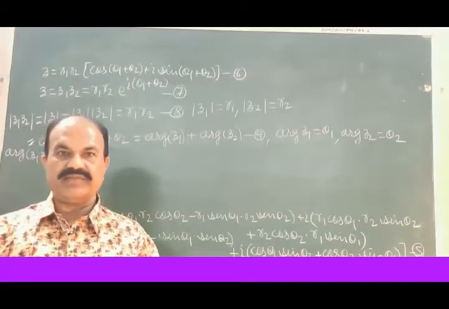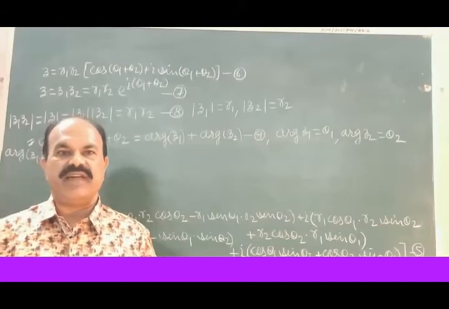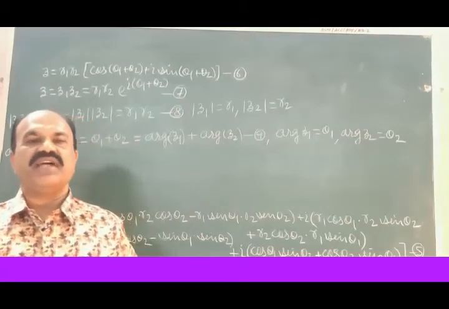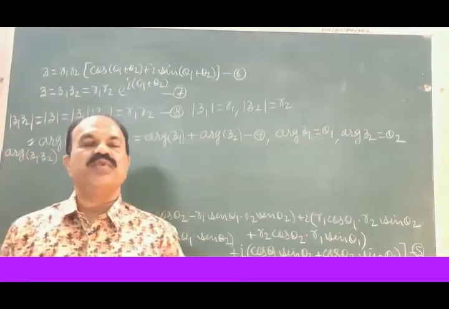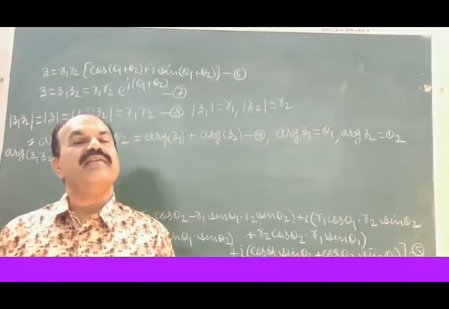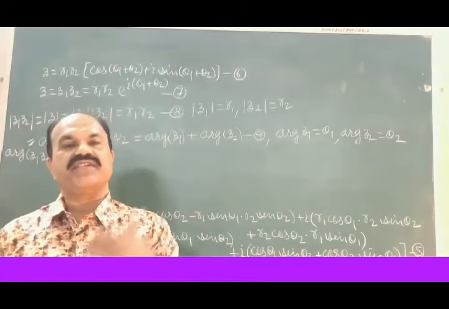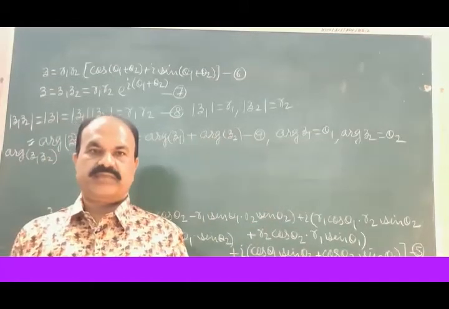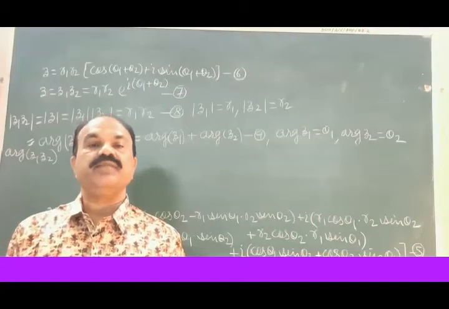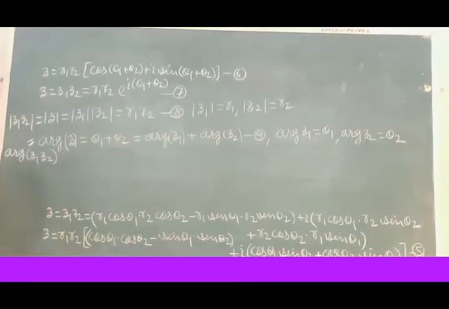Z1 will be x1 plus iy1, Z2 x2 plus iy2, Z3 x3 plus iy3, Z4 x4 plus iy4, Z5 x5 plus iy5, Z6 x6 plus iy6 and so on. And you are asked to take their product. What will be product of these n numbers?